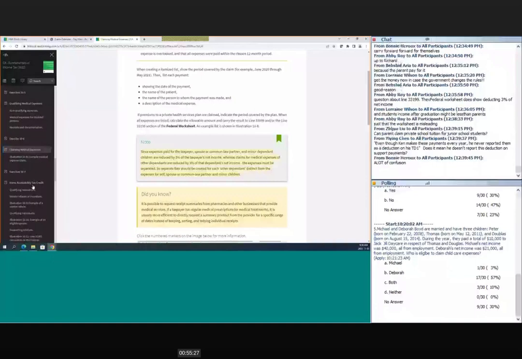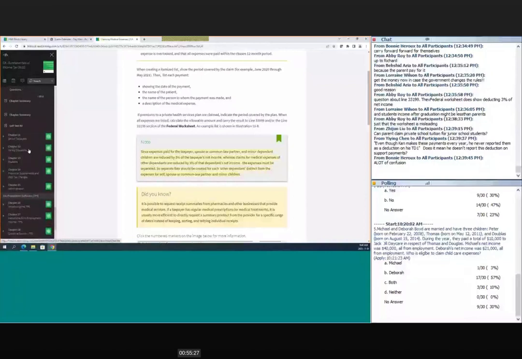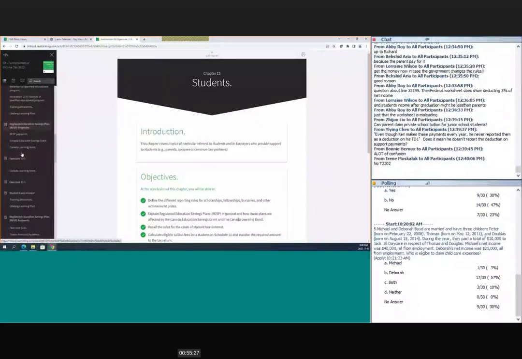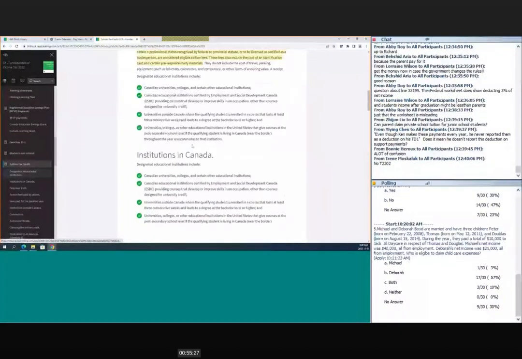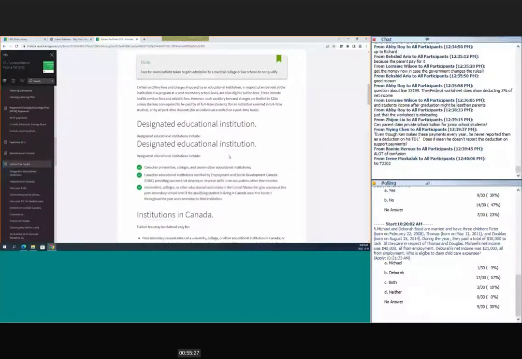So now we have a question here. Can a parent claim private school tuition for junior school students? Let me think. Can they claim tuition? Okay, so let's go back to what are the requirements for tuition. Is a private school a designated educational institution?